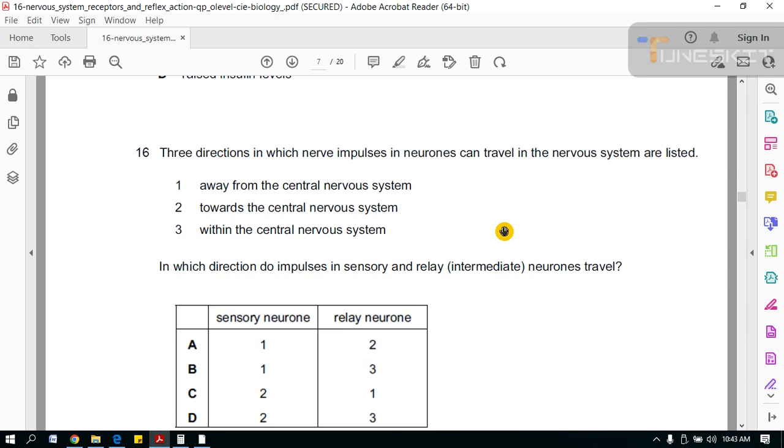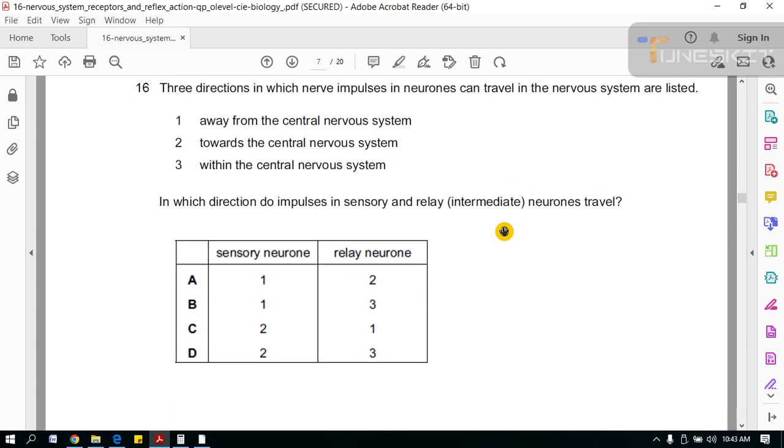In which direction do impulses in sensory and relay neurons travel? Relay neurons are also called intermediate neurons. Sensory neuron: 2, towards the central nervous system, right? Relay neuron: within the central nervous system, 3.